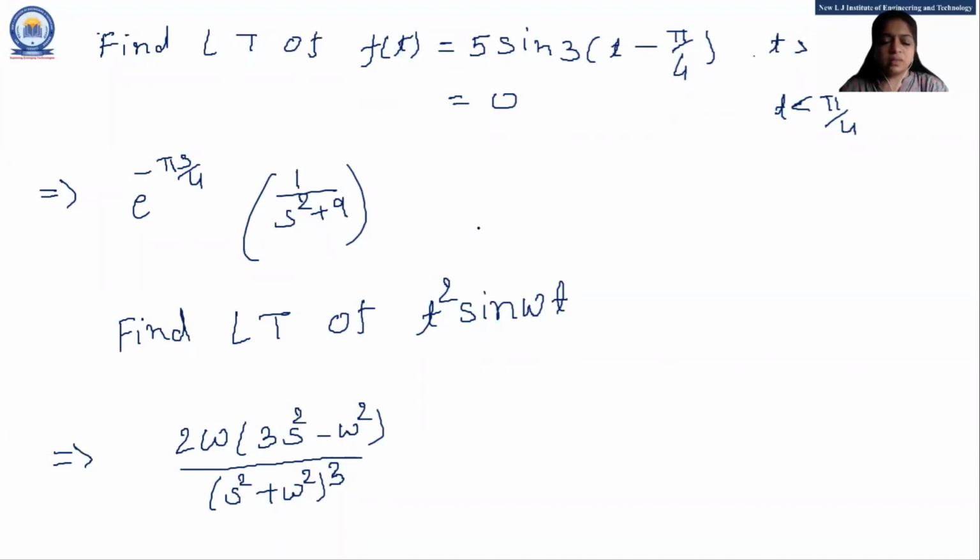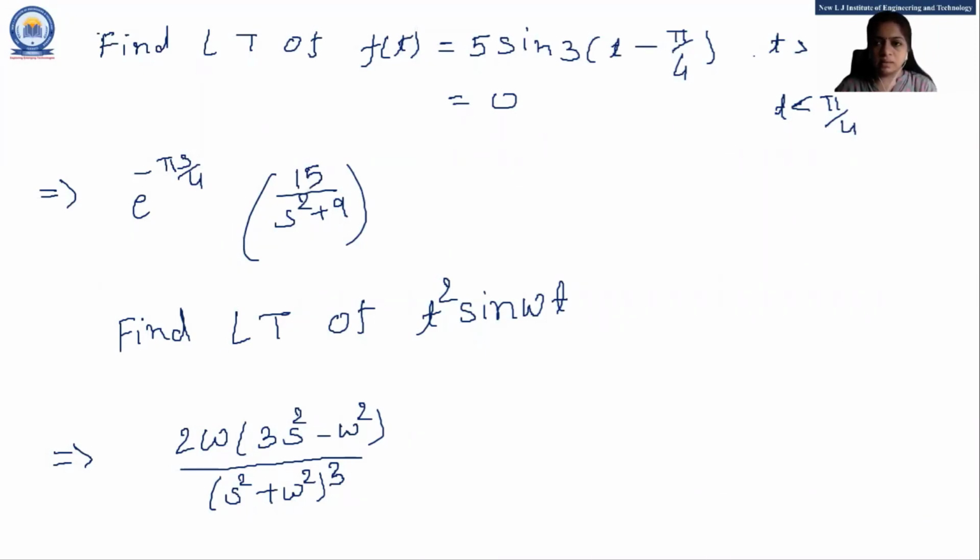How 15, Devanshi? Ma'am, pi is a constant, and as per the sine formula, it is a upon s square plus a square, so we will have numerator 3 into 5, so 15. I think there is a mistake in the answer. I saw in the textbook, it is unsolved and they gave the direct answer, so I wrote it directly: 15 upon s square plus 9. Okay, you are right. Thank you.